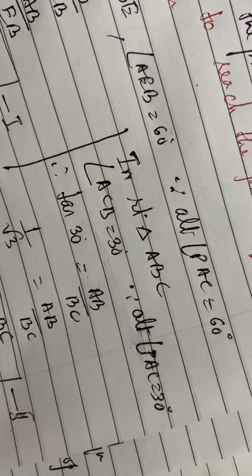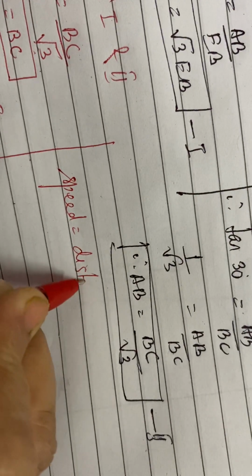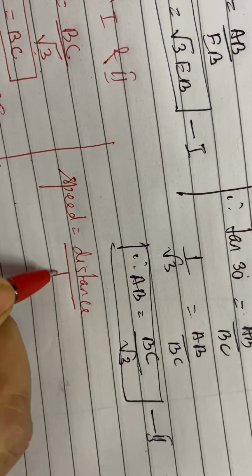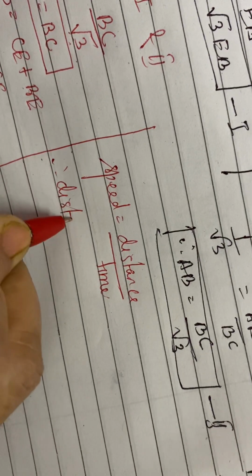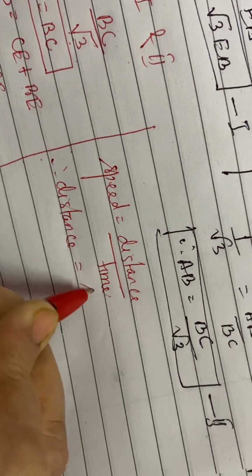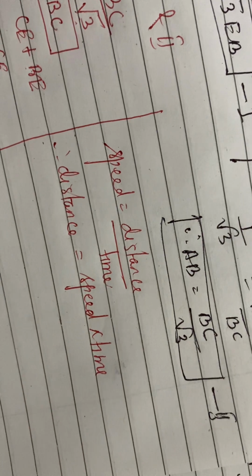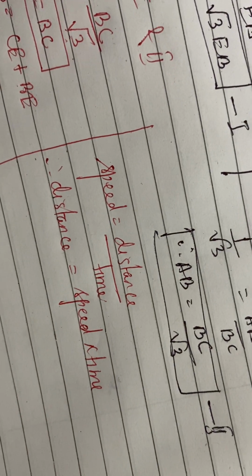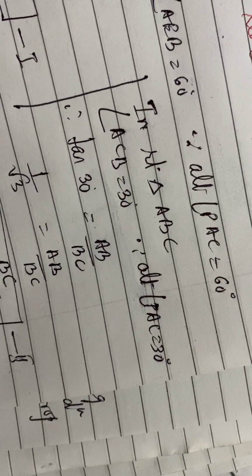Speed is equal to distance upon time, so distance will be equal to speed into time. When the distance covered is CE, the time taken is 6 seconds. Speed is constant.